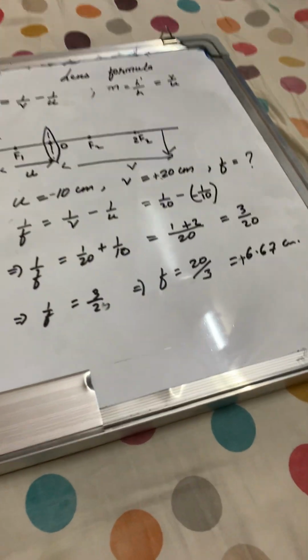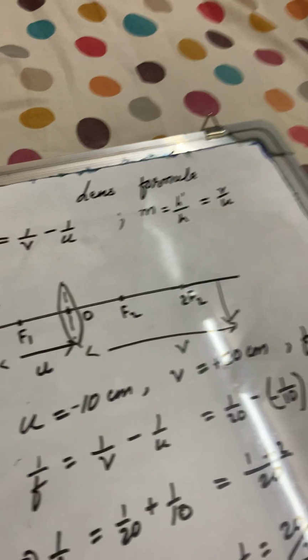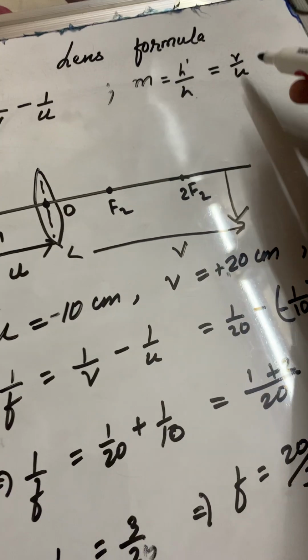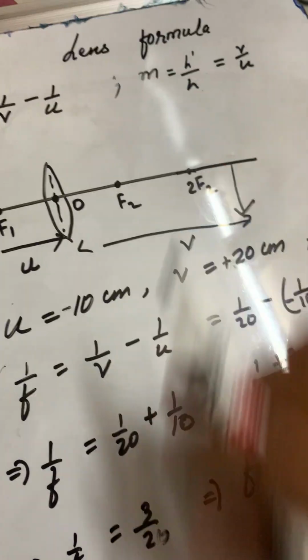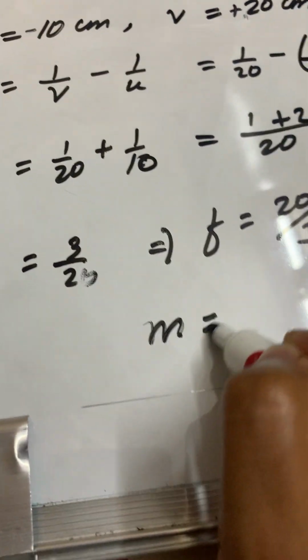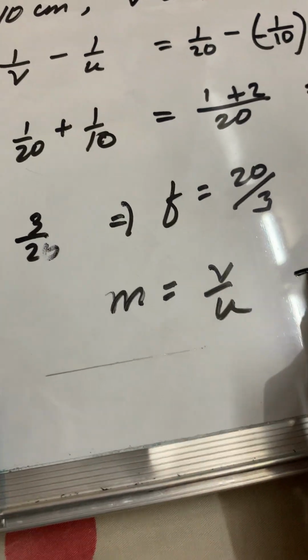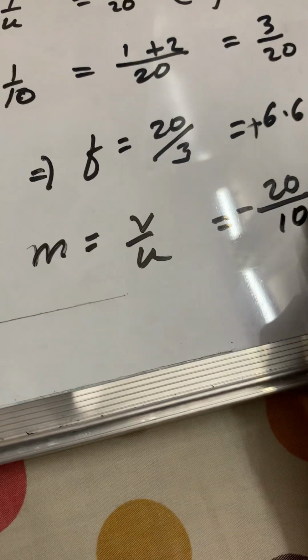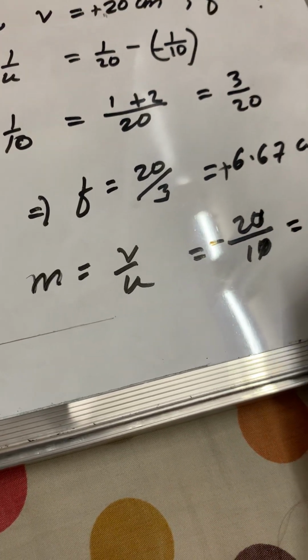Okay, now coming about the magnification. Here also magnification the same way we can do, but it is v by u, not minus, right? So the magnification is what? V by u, and v is 20 and u is what? Minus 10, right? So this is what? Minus 2.